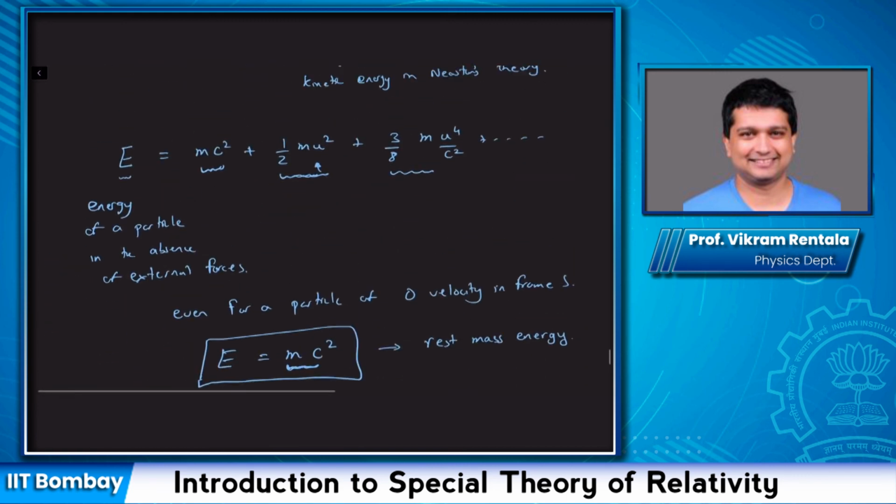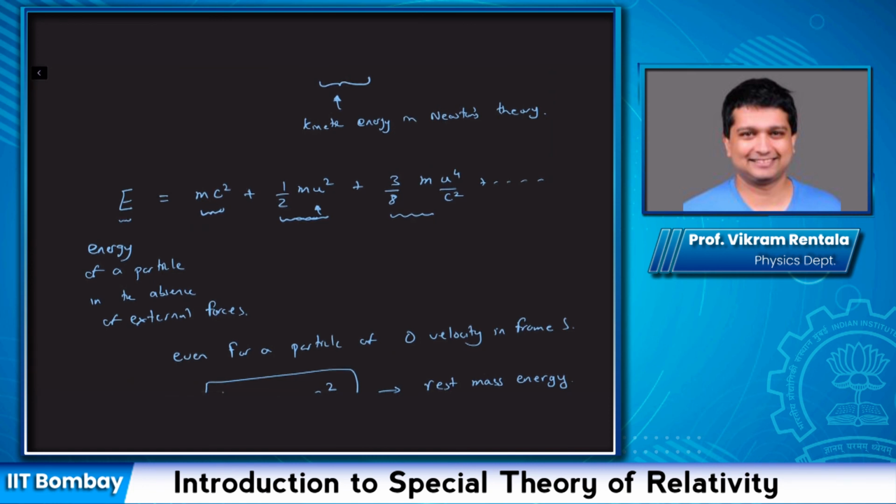In the limit that the speeds are much smaller than the speed of light, there's a separate conservation of mass and a separate conservation of kinetic energy. Of course, we're neglecting corrections which are suppressed relative to the original kinetic energy by order of u squared by c squared. So as long as the speeds are much smaller than the speed of light, these extra corrections are small and we ignore them, as we do with Newton's laws.